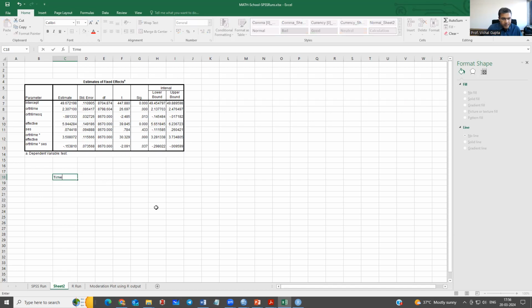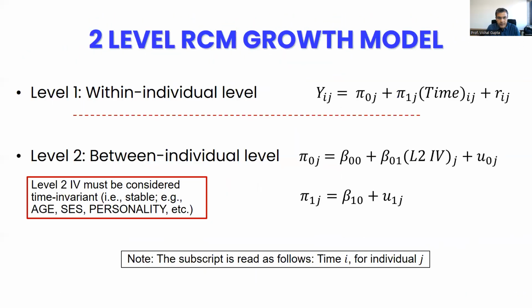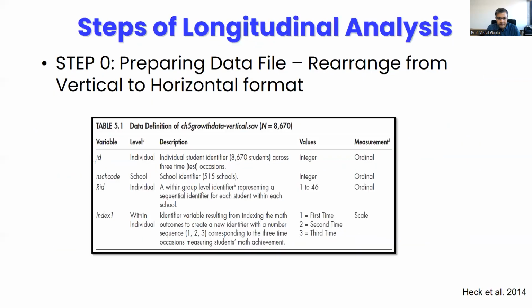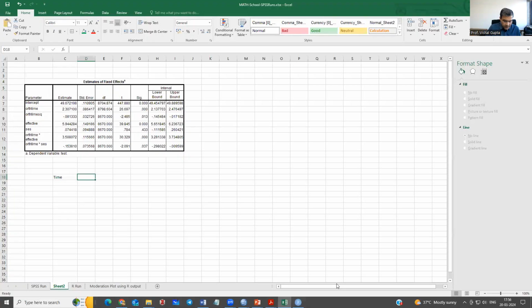We say time, okay, and we have auth time. So we give it a name, again a number. What was the coding? Let me remember that. I forget it every time. Yeah, minus 1, 0, and 1.